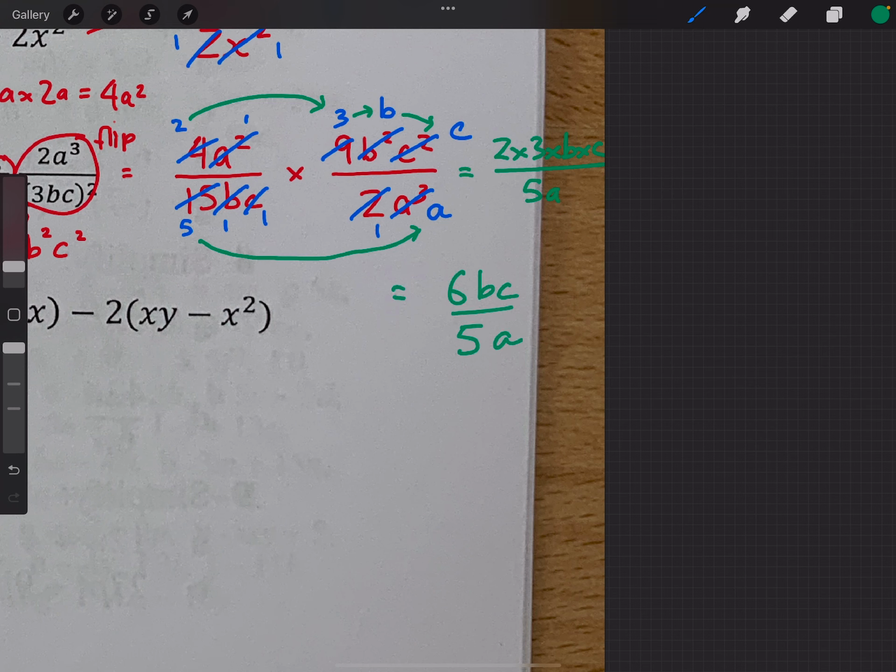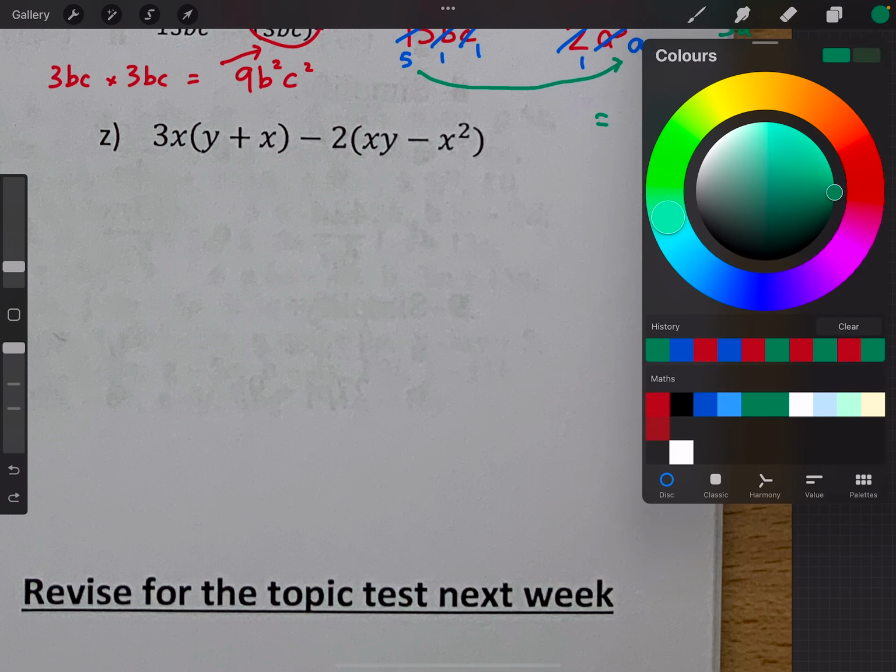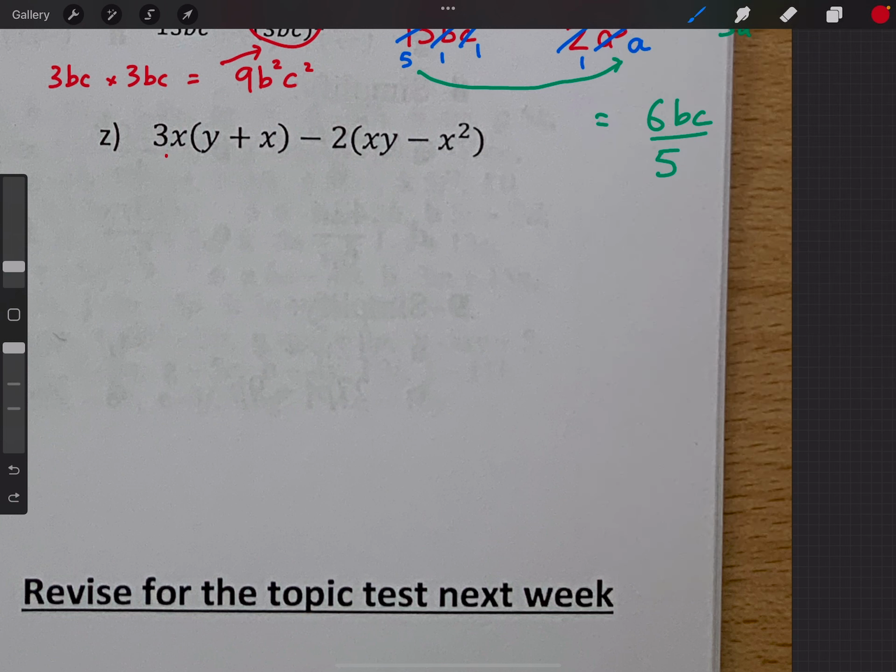Question Z, last one here. So what we're going to do is we're going to expand this. 3x times y, that's 3xy. 3x times plus x, a positive x, so that's positive 3x squared. Now the next one, what we're going to do is expand this one, but we have to consider that there's a minus 2 here, not a plus 2.